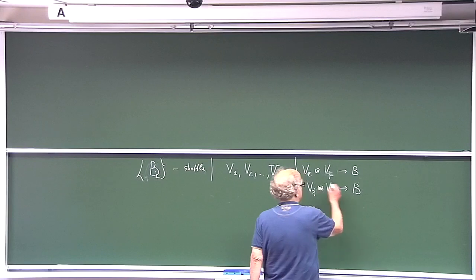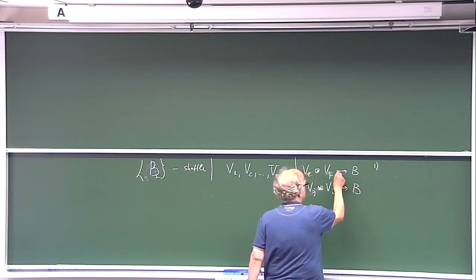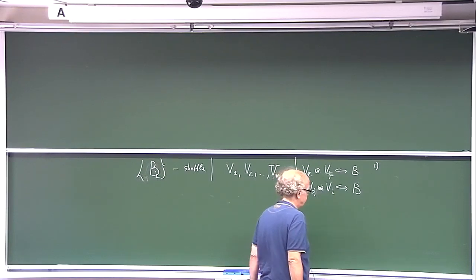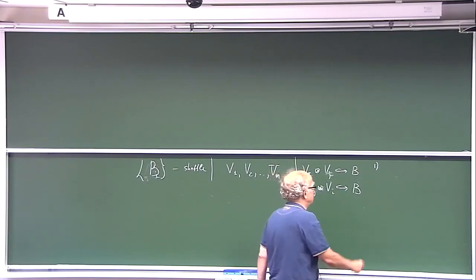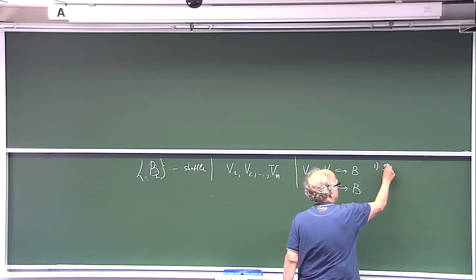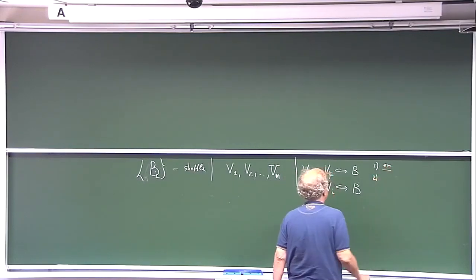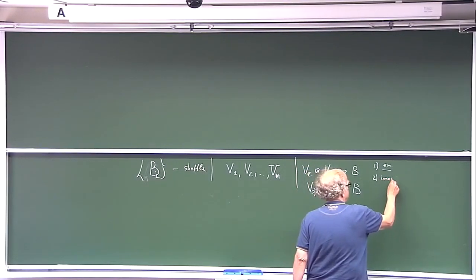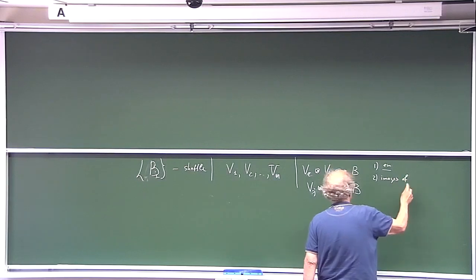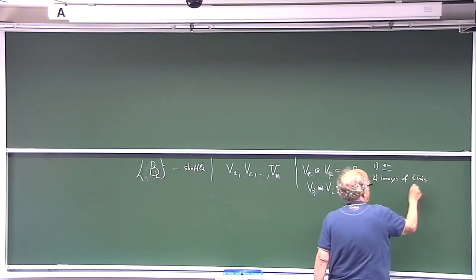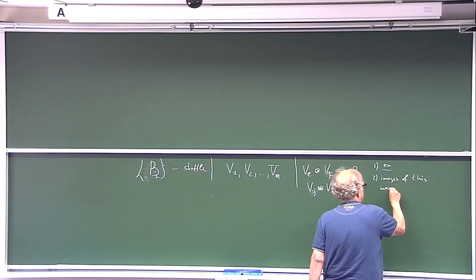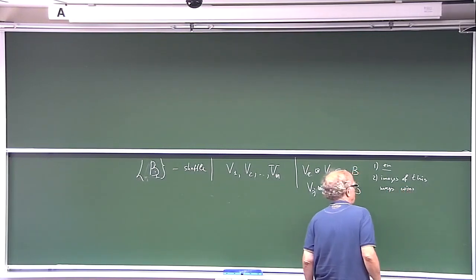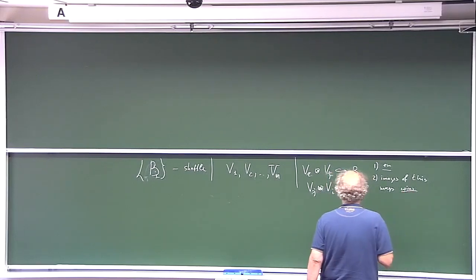The situation which we are talking about is the following. First, suppose that both these maps are embeddings. This is the first condition. Second condition, suppose that the images of these maps coincide.